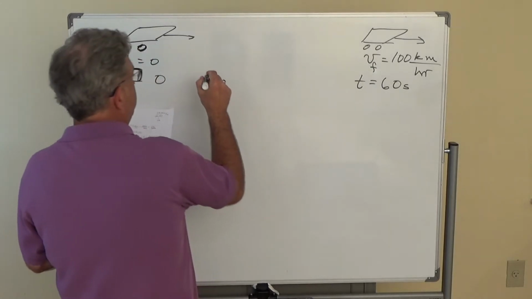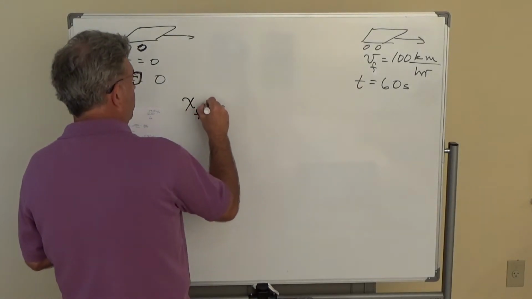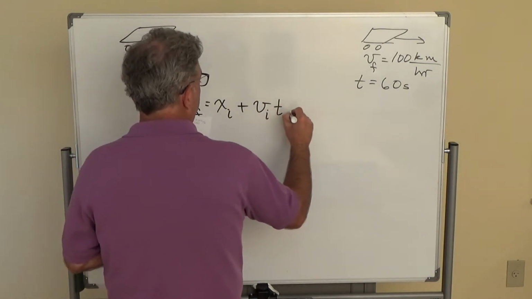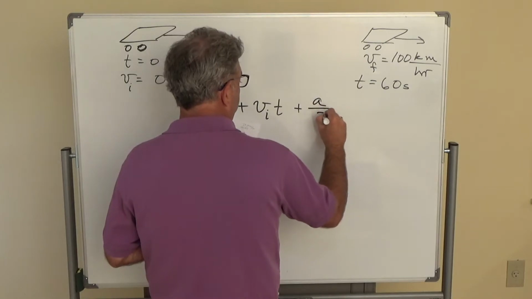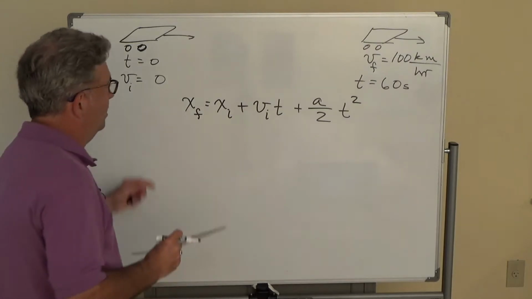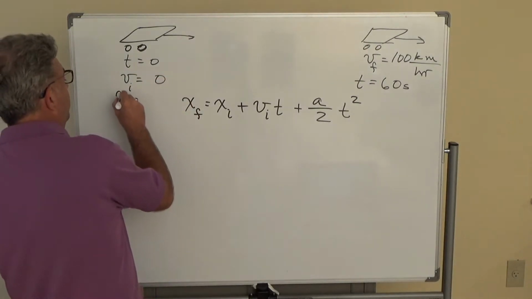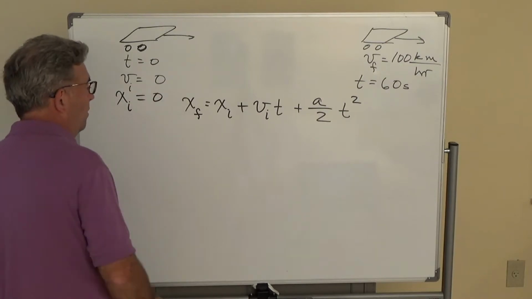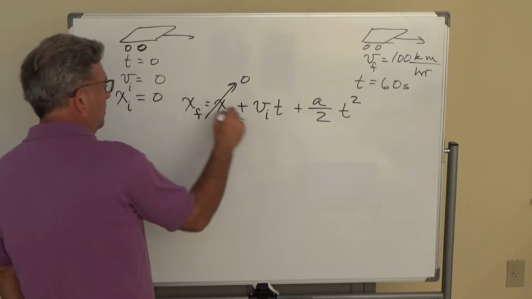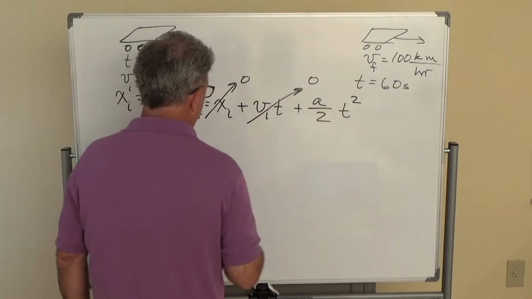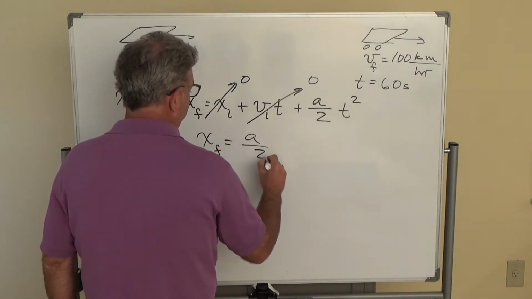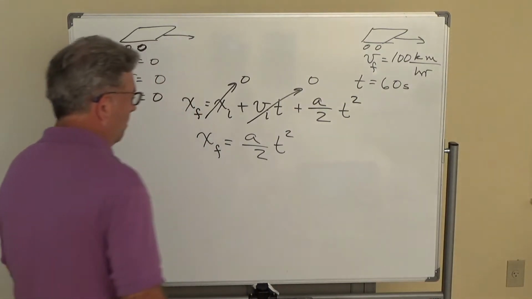Okay, so this is the one I'm going to use. X final is equal to X initial plus V initial T plus A over 2 T squared. Well, X initial, I didn't put it up here, but I'm going to let X initial equal 0. So this is 0. V initial is equal to 0. That term's 0. So X final is equal to A over 2 T squared.